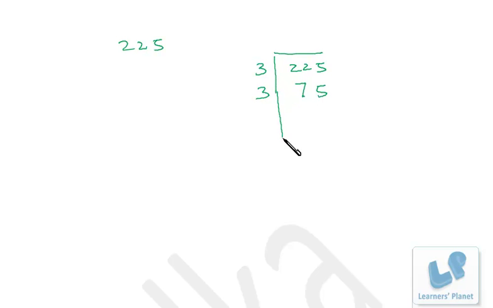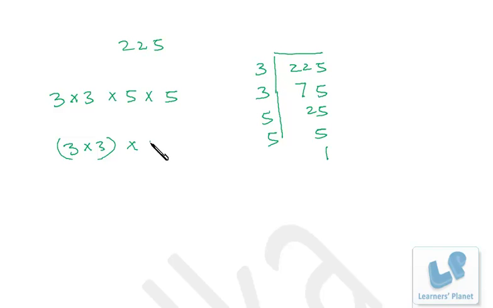Then 3, 25, 5, 5, 5, 1. So 225 can be written as 3 into 3 into 5 into 5. Now we have 3 in two numbers, we have 5 in two numbers. That means we can group it as 3 into 3 into 5 into 5.